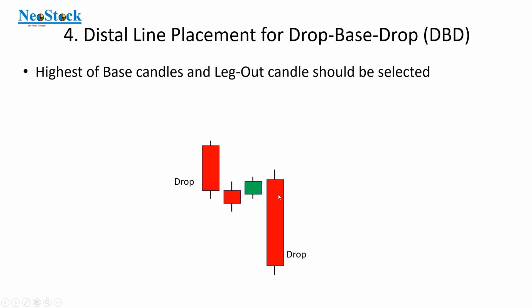In this example, among base candles and leg out candle, which is having the highest? Leg out is having the highest value. That's why this is going to be the distal line. Let us draw the base having this distal line. In this example, the distal line is the highest of this leg out candle.